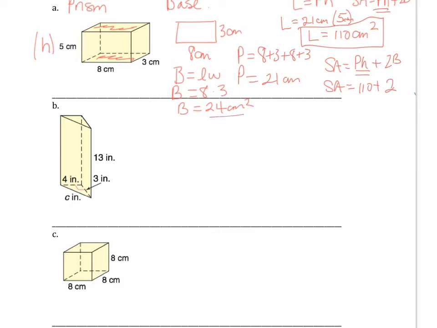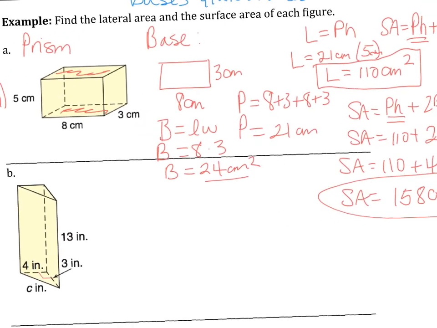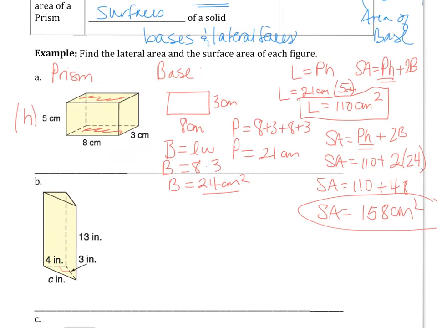The area of the base was 24, so 2 times 24. So surface area equals 110 plus 48. So surface area equals 158, and the units on this one are centimeters squared. So again, we're going to use those formulas to help us figure out those two areas.